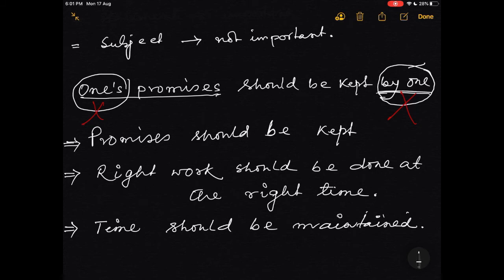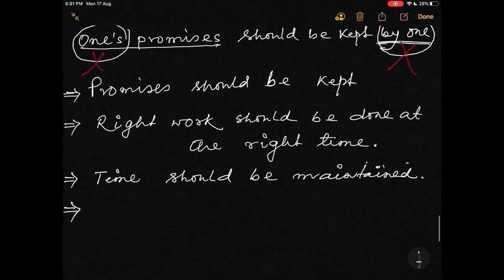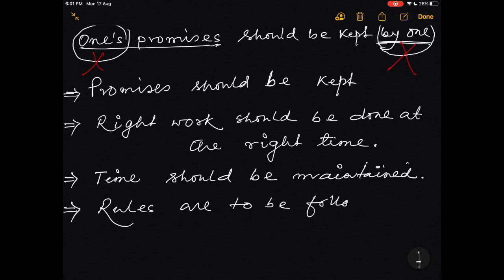The same. You may take another sentence. Rules are to be followed. It is slightly different, but same.